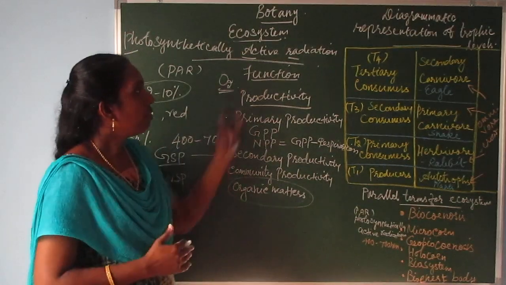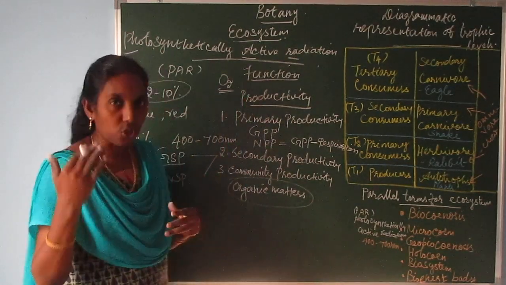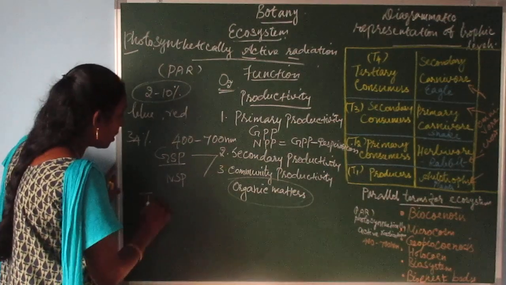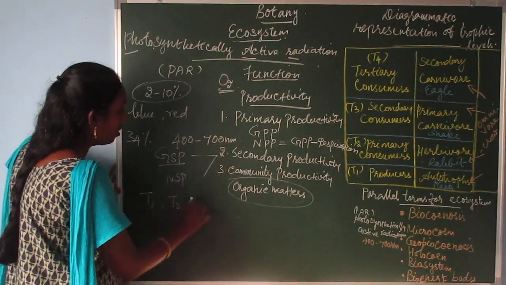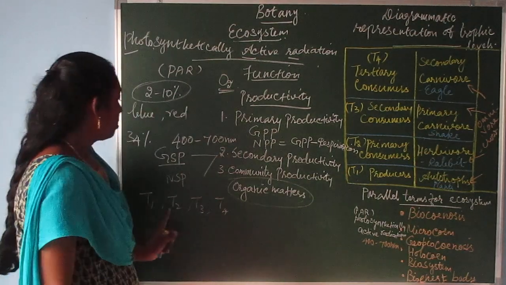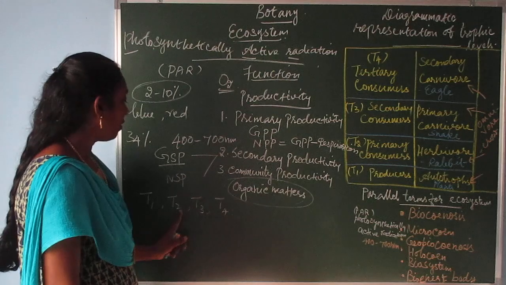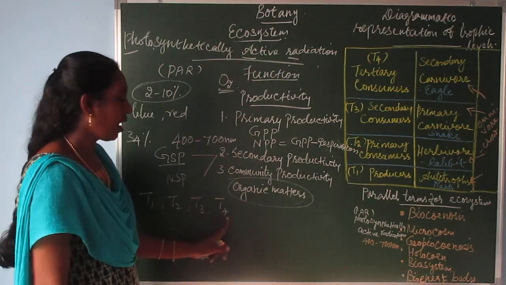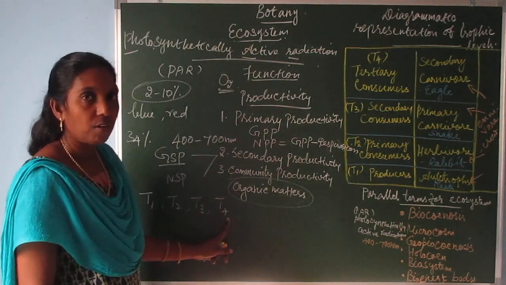Diagrammatically, this can be represented by different trophic levels called T1, T2, T3 and T4. So trophic level 1, trophic level 2, trophic level 3 as well as trophic level 4.